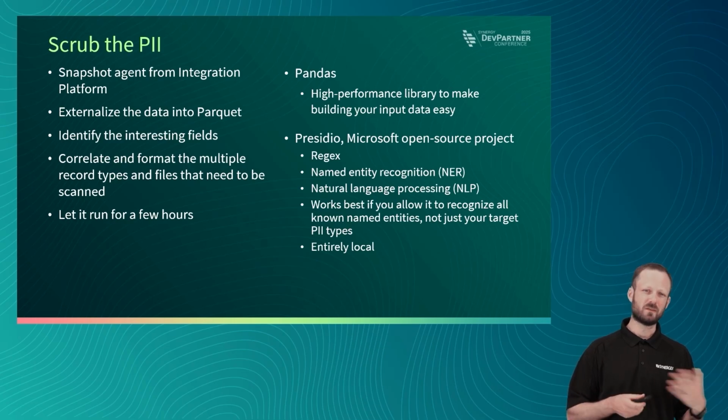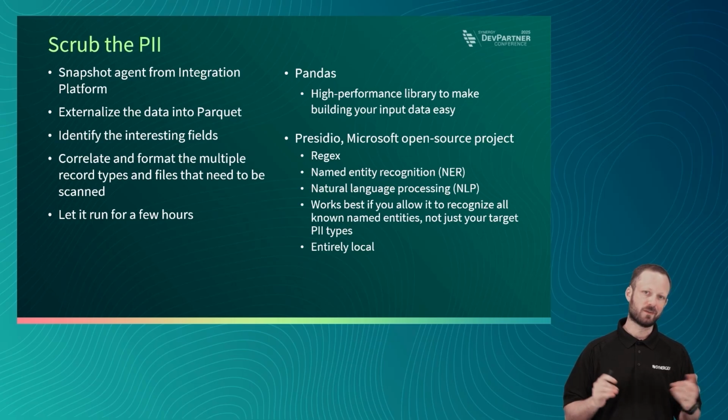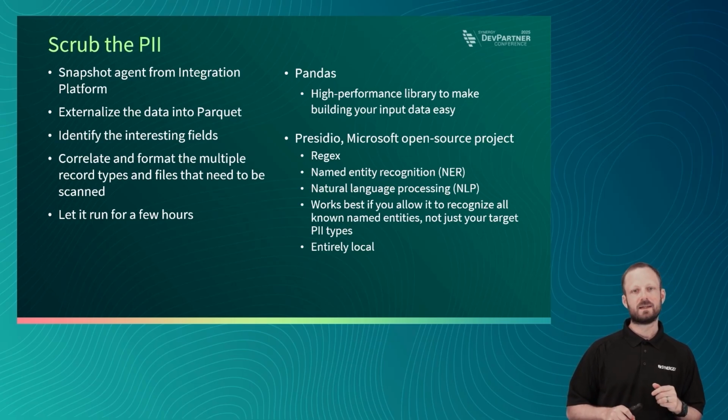In this particular application, there's just a couple of fields that we're really worried about, and so we pick those out. And then we correlate and format the multiple record types and the files that need to be scanned, let it run for a while, and ta-da, out pops our answer of here's all the bits.